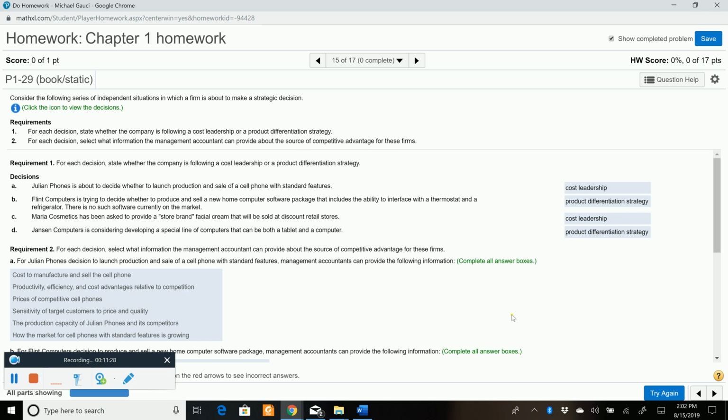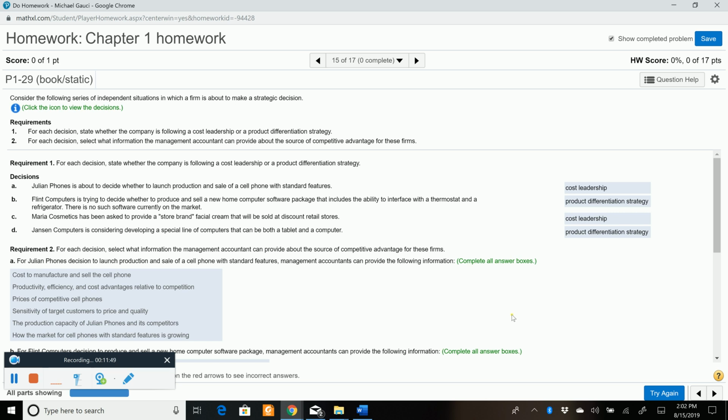So we are thinking of trying to break into a new product that nobody else has. This is a product differentiation strategy. We are trying to be different than our competitors to break into a new market, to increase sales.